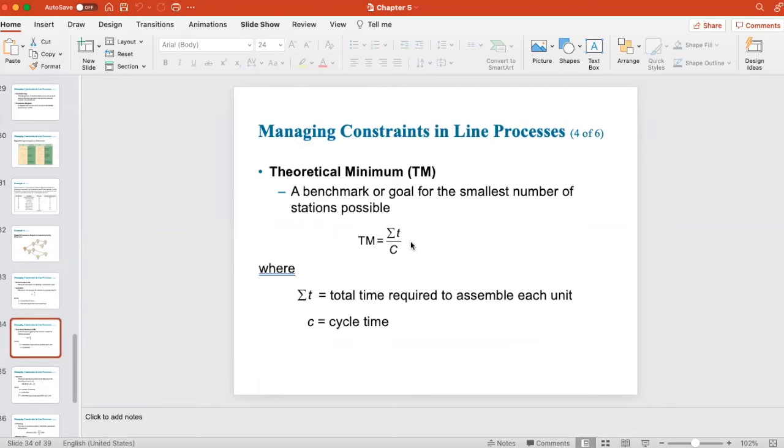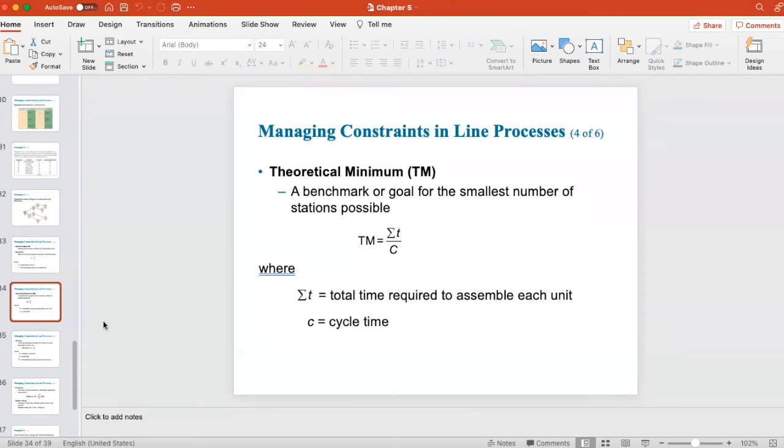This is divided by the cycle time, which is the maximum amount of time every workstation can spend in the process of producing every single unit or providing every service. And then the result will give you the theoretical minimum number of workstations that we probably need in order to complete this production process or this service process. Okay, now let's move on.